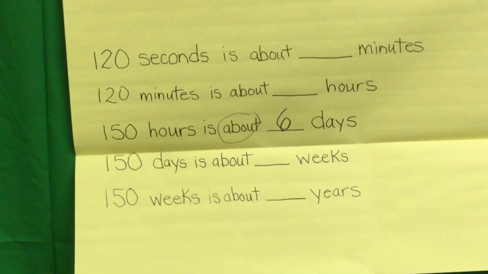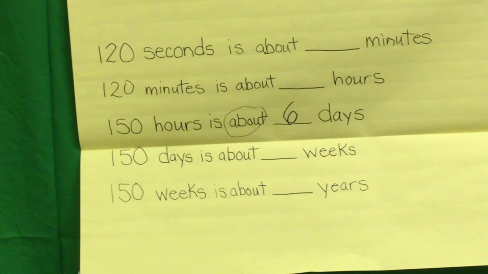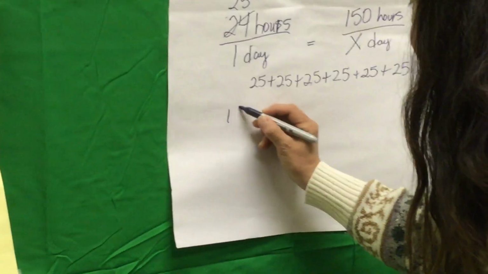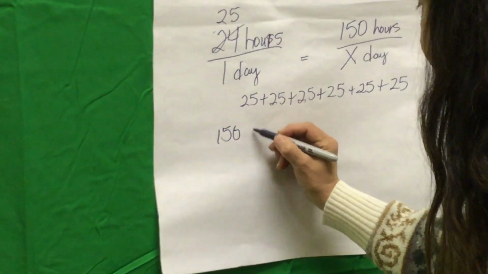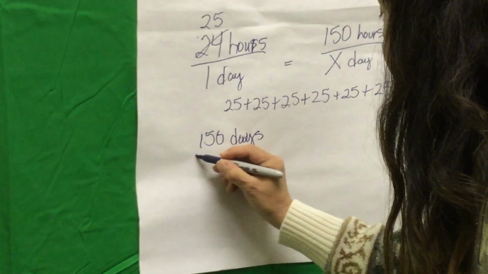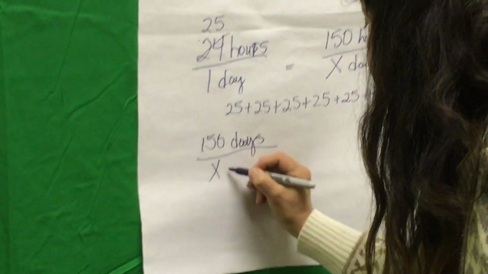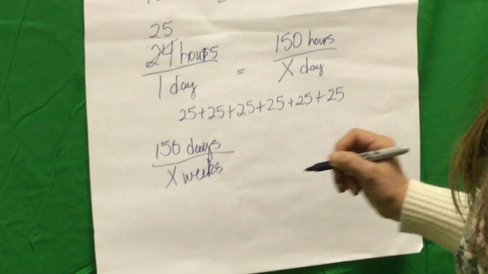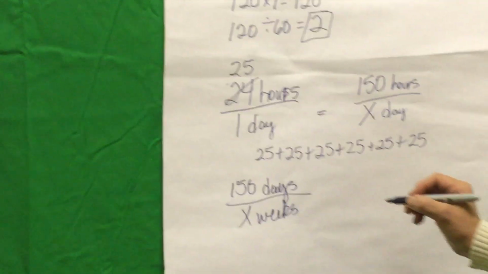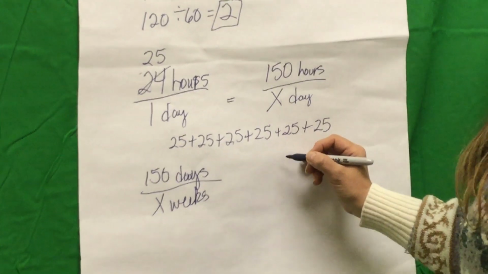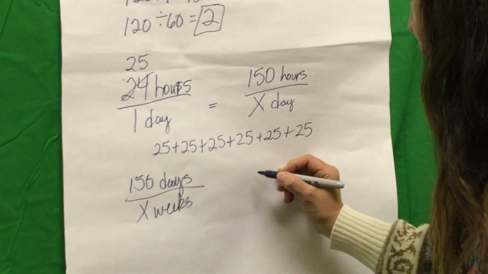150 days is about how many weeks? So we got 150 days is how many weeks? And there just happens to be 7 days in a week.